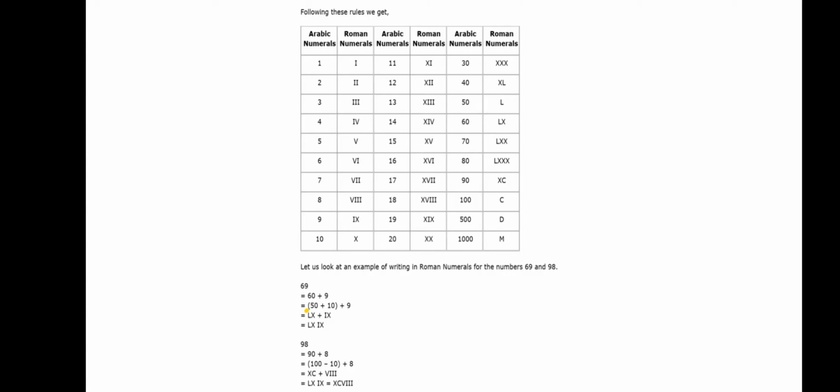So to write it in Roman numerals, we will write 50, which is L, plus 10, that is X, will give you 60, and 9 is written by I and X. So the Roman numeral for 69 will be LXIX.